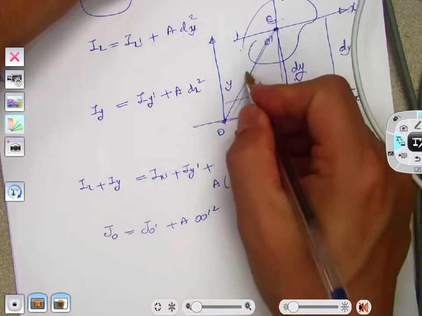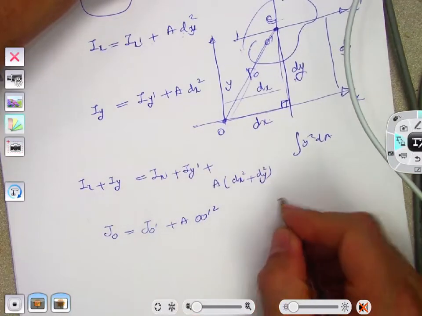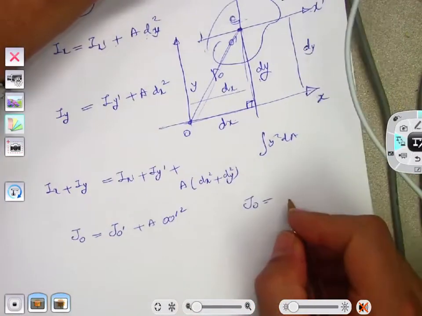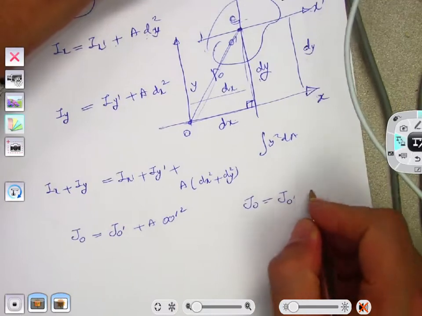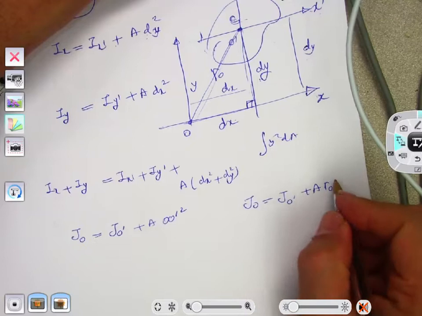So if I call this r_O, then you write this relationship: J_O equals J_O prime plus A times r_O squared.